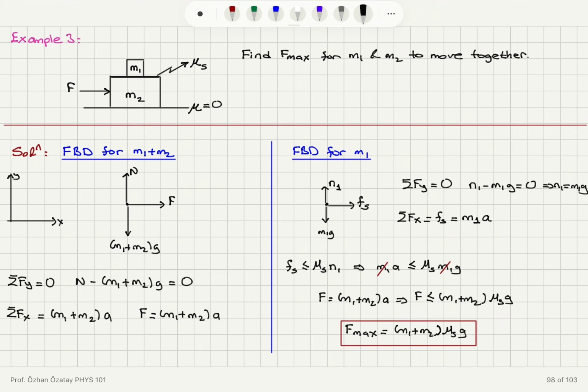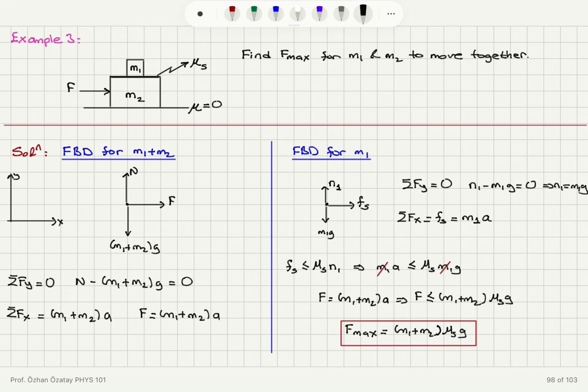Okay, so this was a little bit tricky because in this case we already know the direction the static friction should have, and that is due to the fact that M1 and M2 are required to accelerate together, and there's only one force that can cause this acceleration of M1 with respect to the ground, which is the static friction force, M1a. So this is less or equal to mu s times the normal force, so that gives us the maximum value of the force.